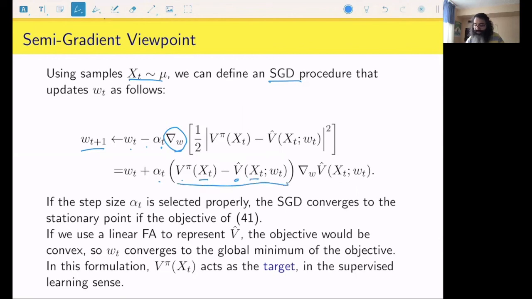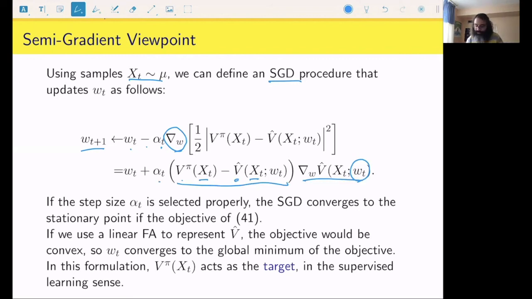This is the residual term, how far we are from the goal. And then this is the gradient term, the gradient of V hat with respect to W evaluated at W_t. So we compute the gradients, multiply by the residual, and move in that direction.